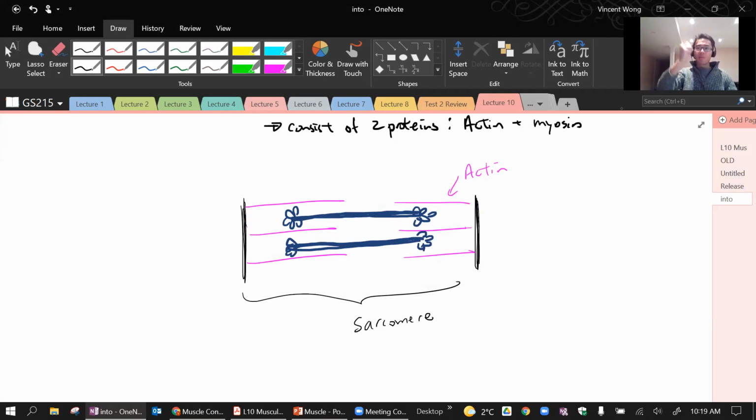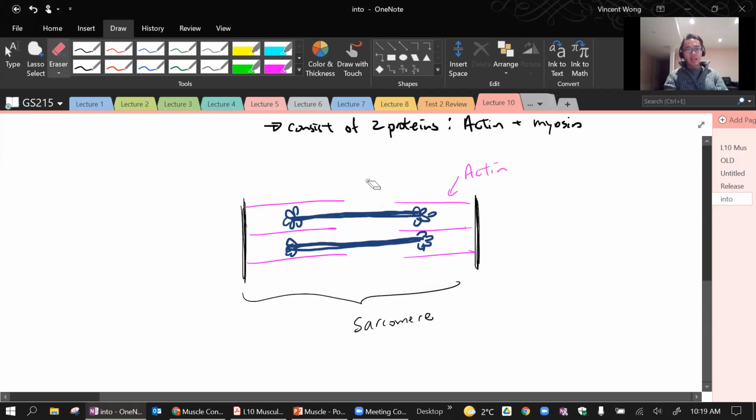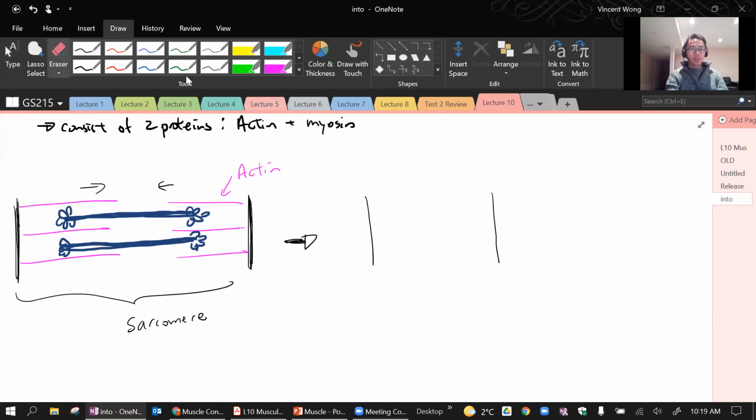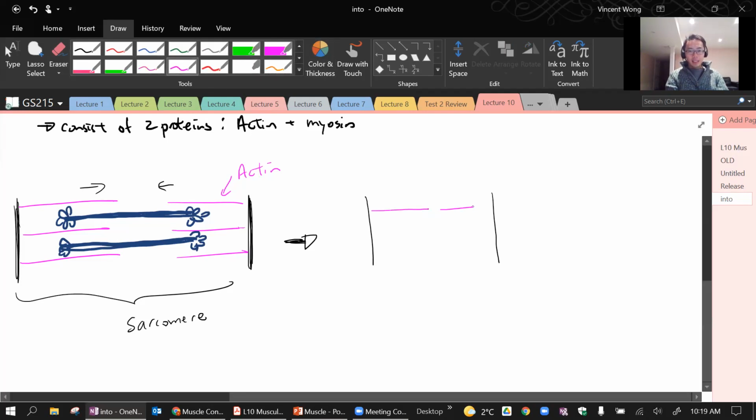So it's like rowing a boat. Keep on doing this. When the myosin grabs on the actin and pulls, then this is going to get shortened. Afterwards, what it will look like is this. You will have a shorter sarcomere, like this.